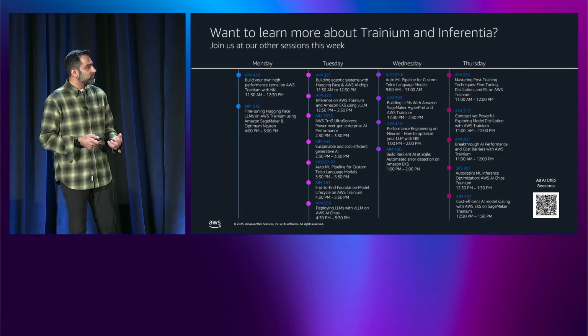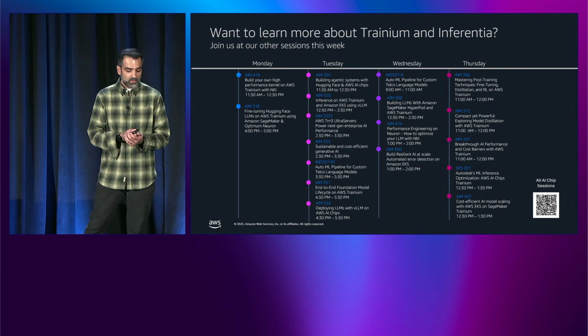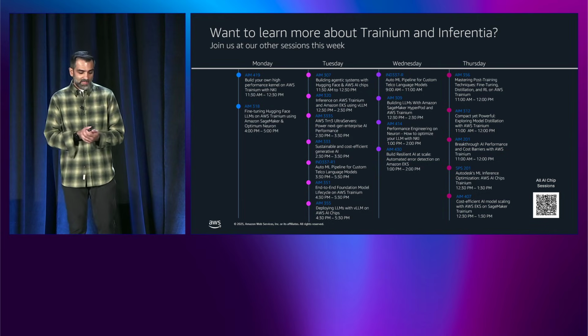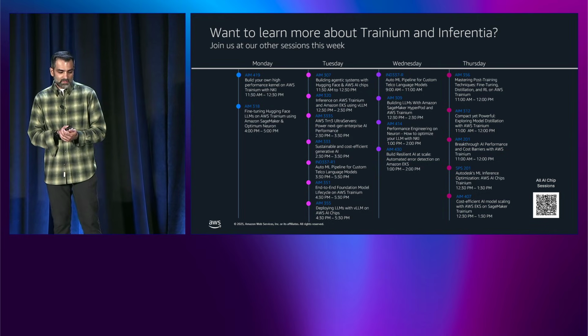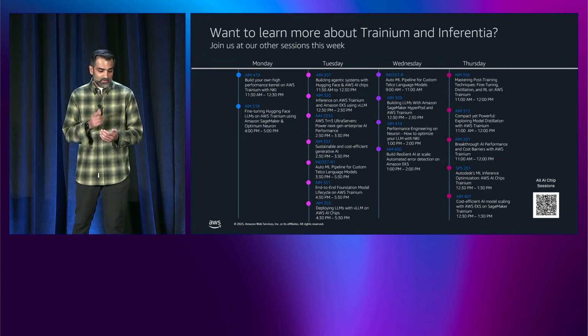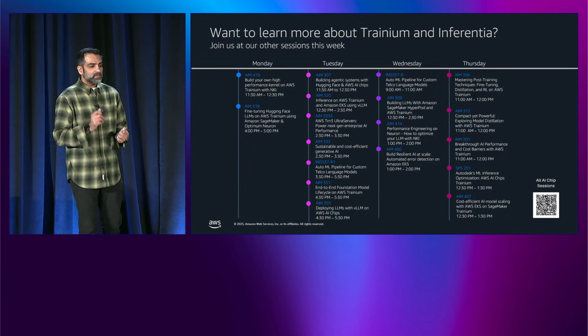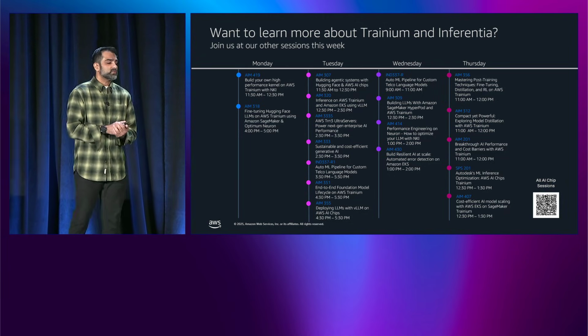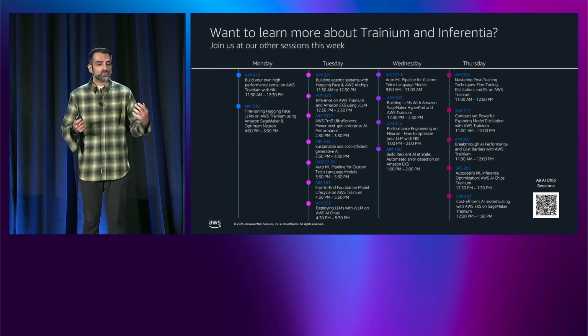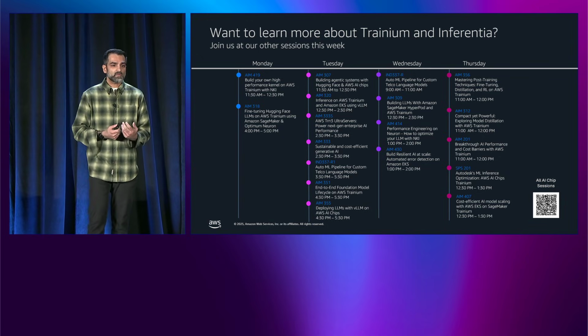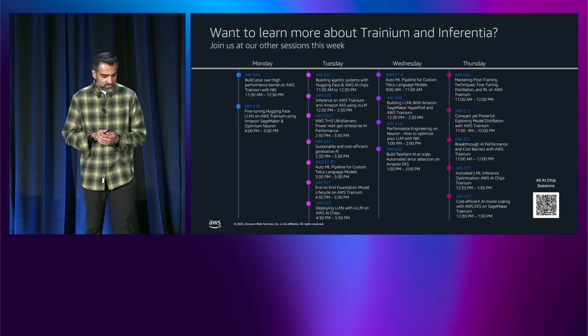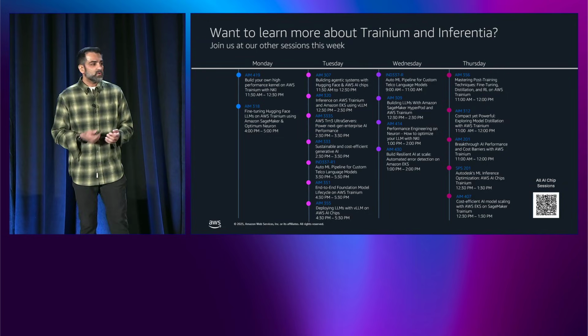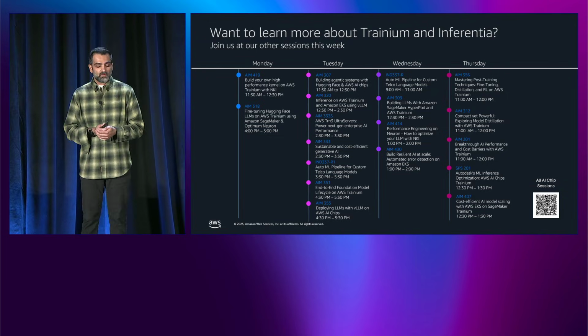If you're inspired from this one, we have a workshop tomorrow. I believe it's AIM 414. No, I apologize, it's AIM 309. So if you wanted to get hands-on with Inferentia and Trainium and take your knowledge to the next level, it's a great opportunity. We have all our Neuron experts in the room. You can ask them a ton of questions as well. And then, of course, join us on Thursday for more deep dives and innovation talks.